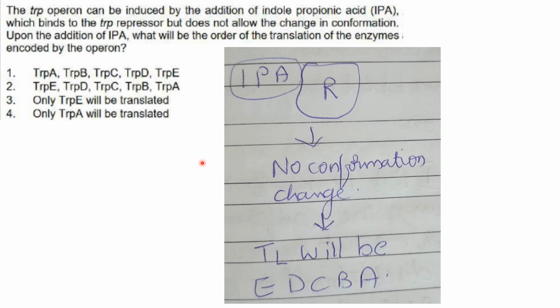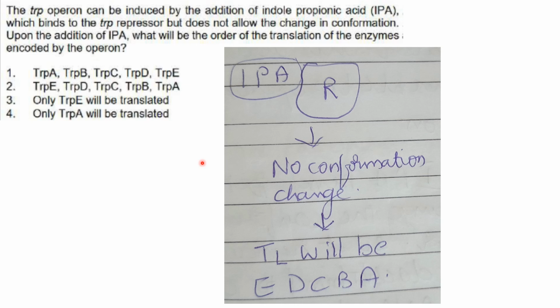Normal case, when tryptophan is present, what will happen in bacteria? Forget about IPA now. So when tryptophan is present, it binds to the repressor. The protein changes its conformation. The repressor and tryptophan complex will bind to the operator, preventing RNA polymerase from binding and transcription of the operon. That is what is happening when tryptophan is present.